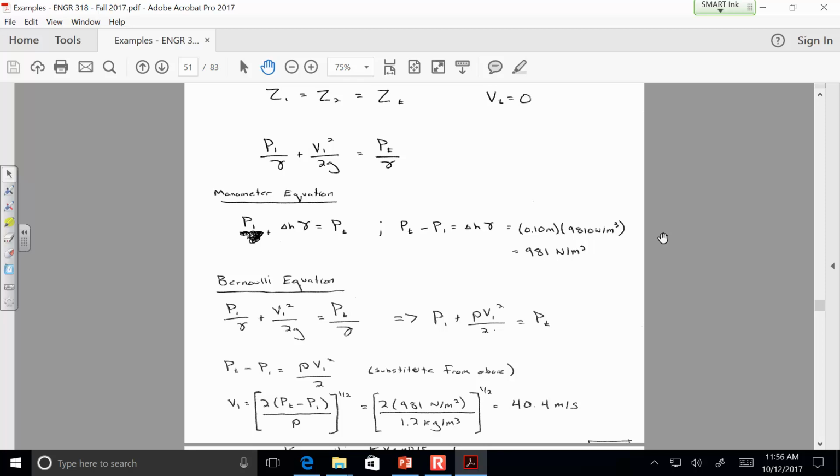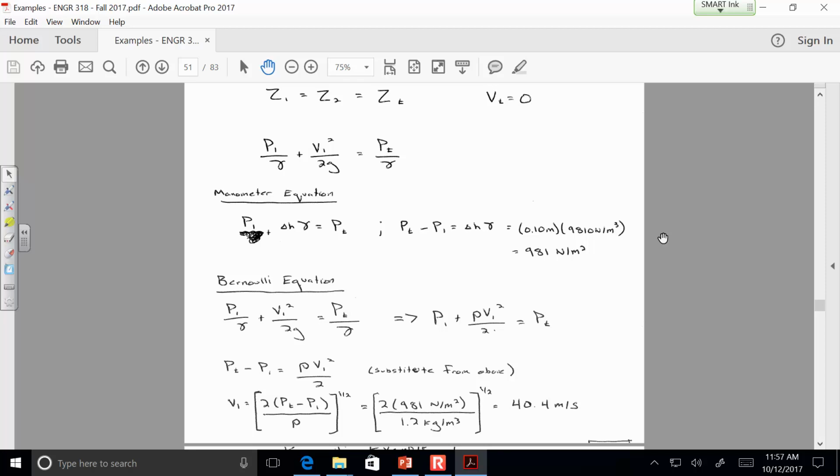So we're saying that P1 plus this delta H of 10 centimeters working through the unit weight of the fluid is equal to P sub T. So the pressure in the right-hand side of this manometer tube is the same everywhere because we're in a gas, so the pressure isn't changing. So right here is P sub T, and everywhere through the tube we also have P sub T approximately. I mean, if we're talking like a kilometer, then the pressure is going to change in a gas, but not in a couple dozen centimeters.